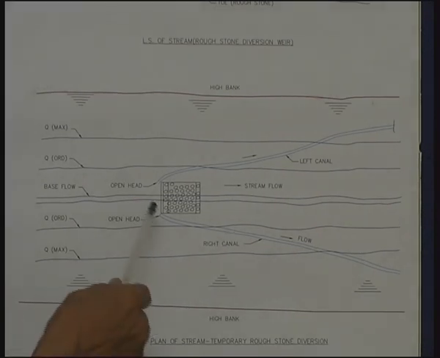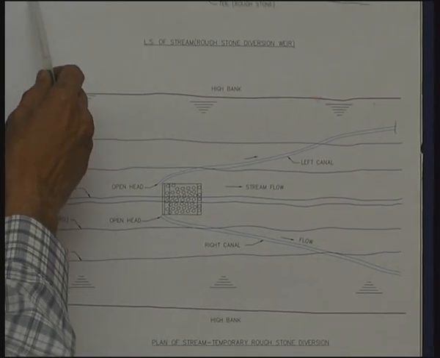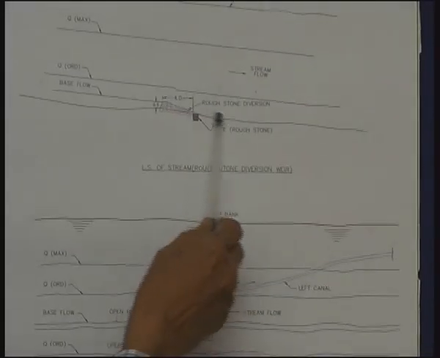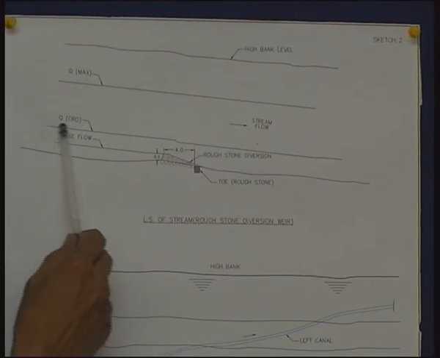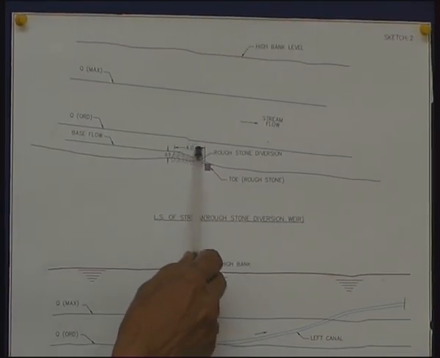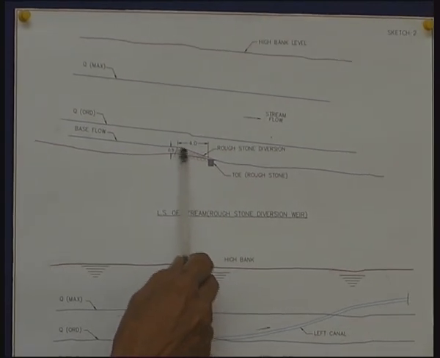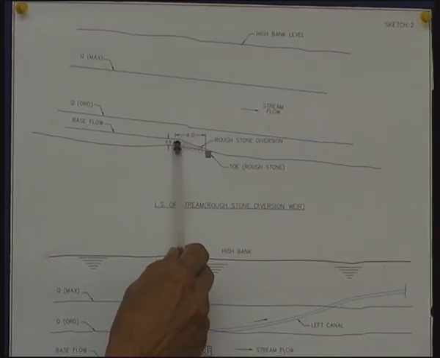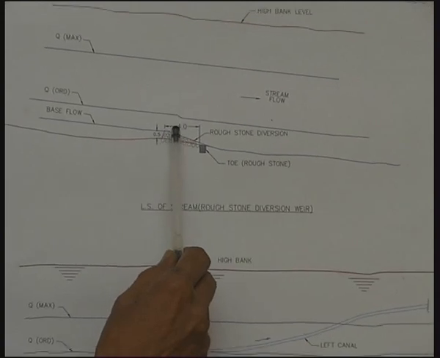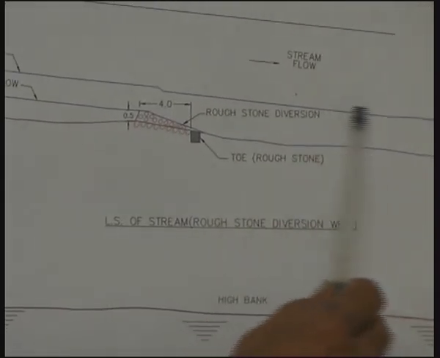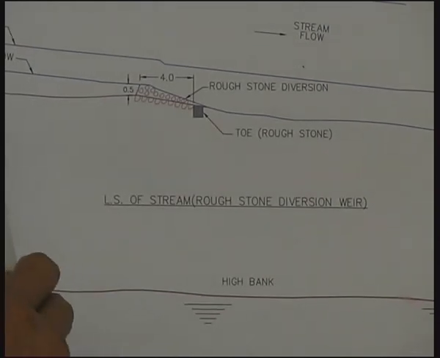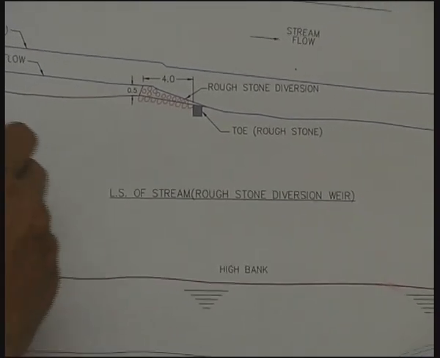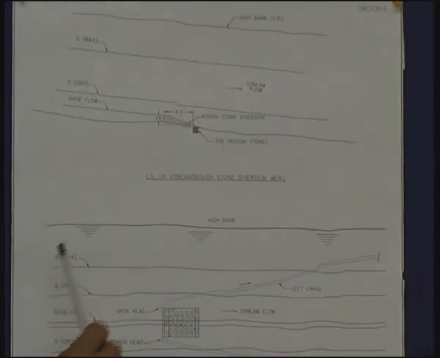Now let us study this in greater detail. In the section, it is something like this. This is the bed of the stream, and when ordinary flood comes, it flows like this up to this, and then there is a small drop because this is the structure which elevates the water level, and down below this will be the flow line. And if a maximum flood occurs during very heavy rains, the flood level will be something like this.